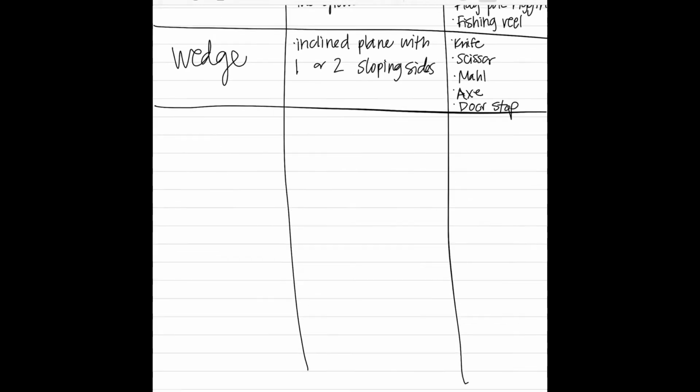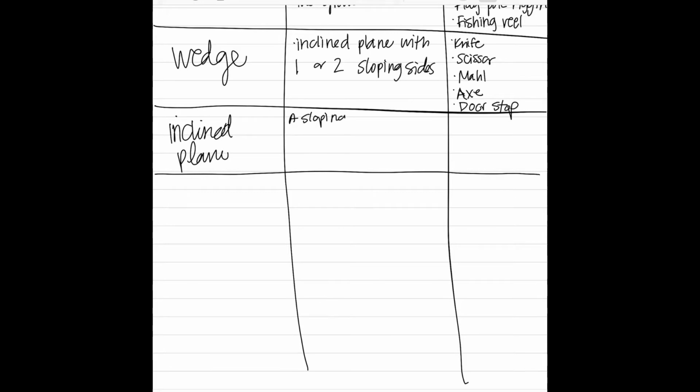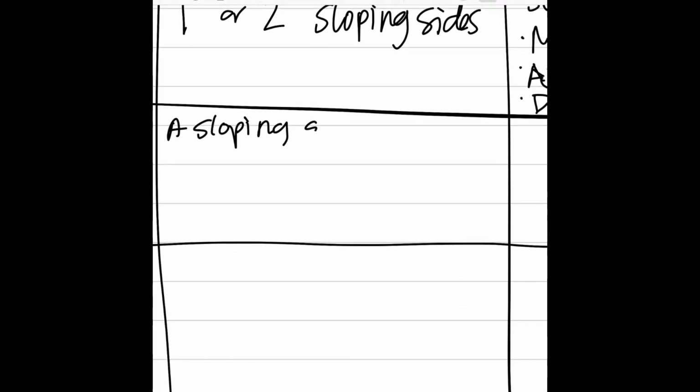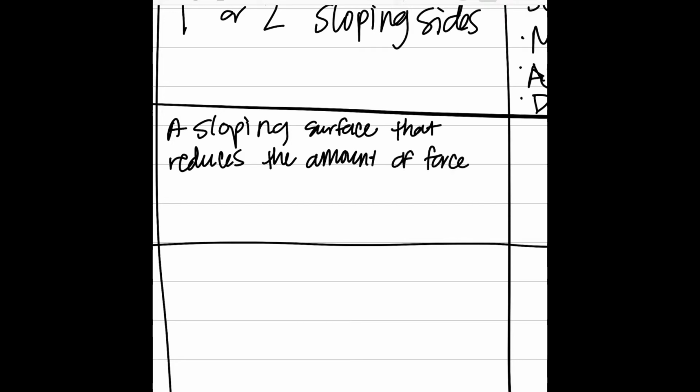All right, the next type is an inclined plane. Okay, the definition for this one: a sloping surface that reduces the amount of force required to do work.